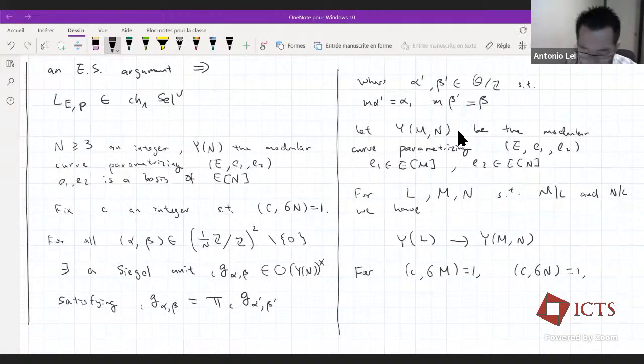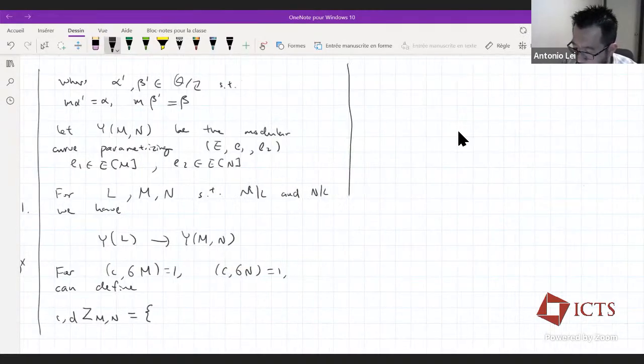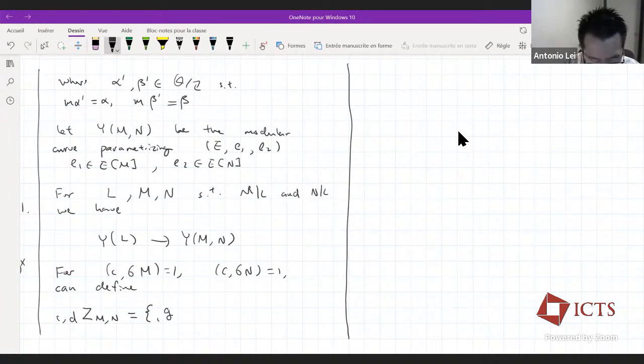then we can define the following elements, which I will write as c,d z_{M,N}, which is given by a Manin symbol in the K2 of the modular curve.